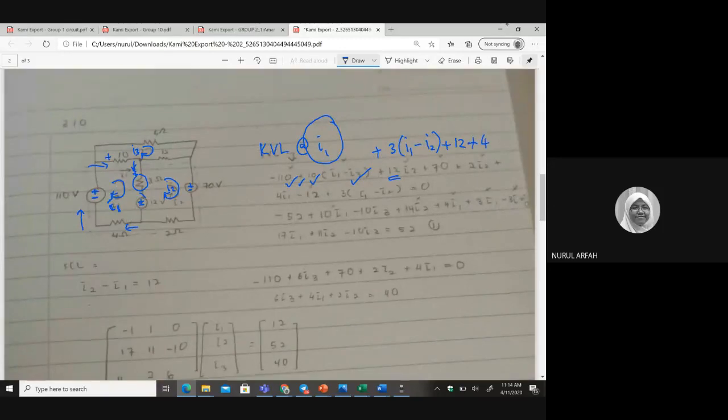Plus 4 I1. No need to put in bracket because it's only 1. So you have I1 and then close bracket because it's already 1 loop. Okay, and the rest I think no need. This is wrong. Okay, done. Okay, that's number 1. Number 2, the KCL at maybe I don't know which one is this one.